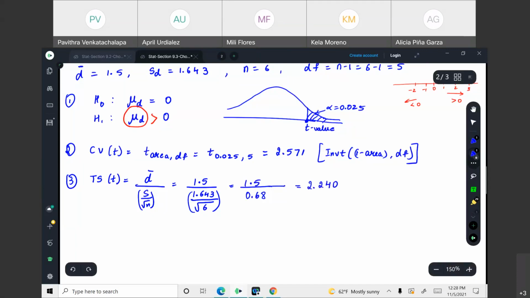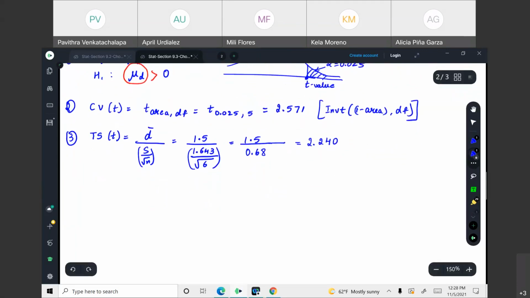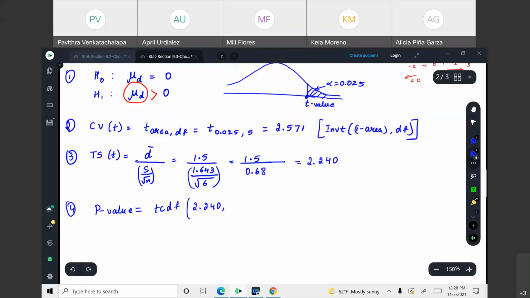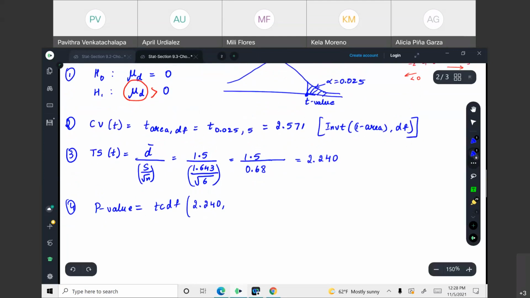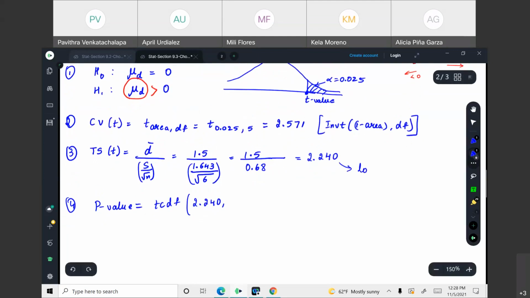Okay. So once you calculate the test statistic t value, you have to calculate the p-value. You can use TCDF in your calculator. Lower number is 2.24. Whenever you have a right tail, this will become your lower.